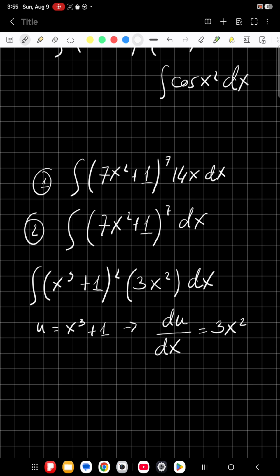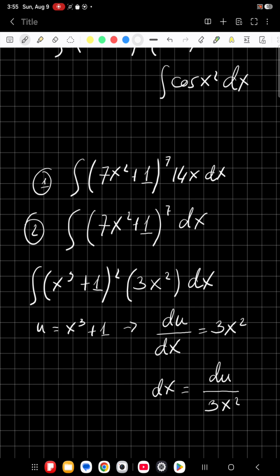And here it is, that 3x squared that I said we need. This 3x squared will cancel this. So we needed this one. Now we're solving for dx. So dx is du over 3x squared.